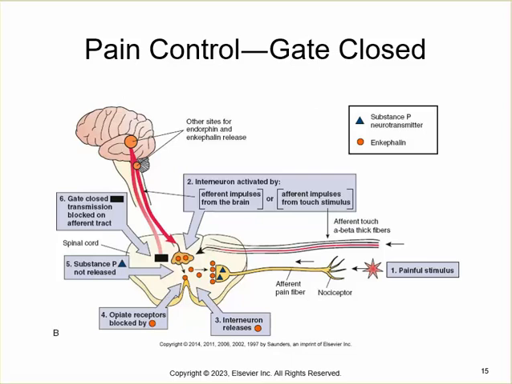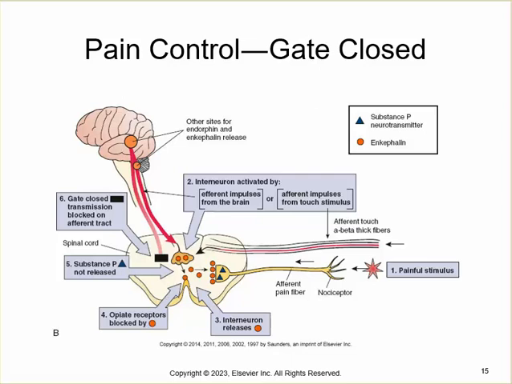And they affect these interneurons, which release the enkephalins. Cephalad means head. So these are coming from your brain. So the interneurons release this, and these are really opiates.